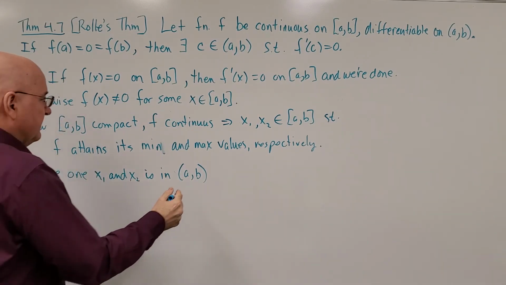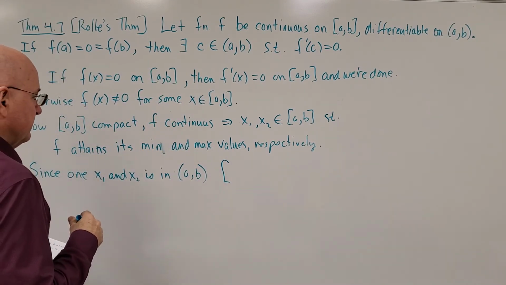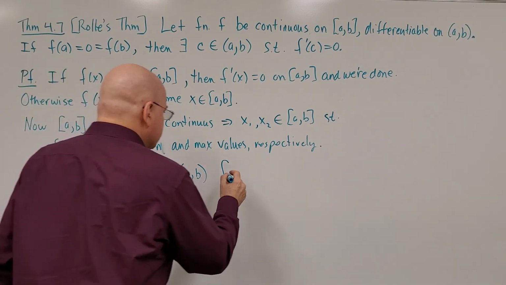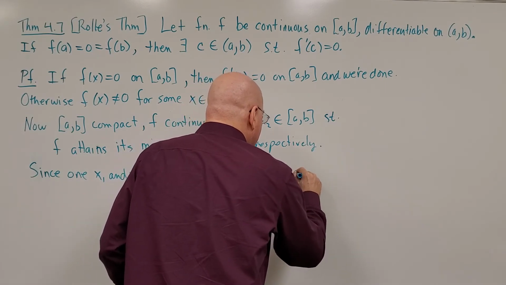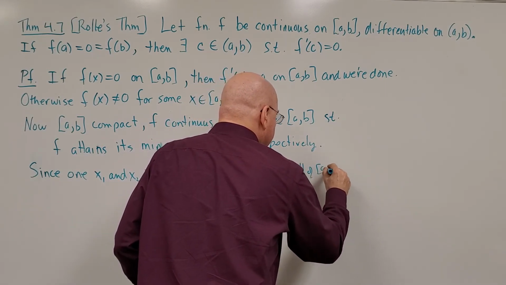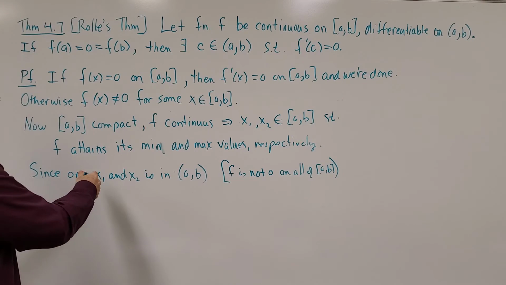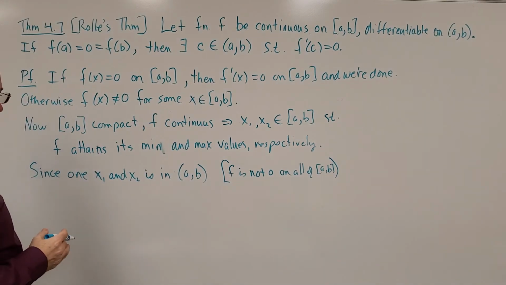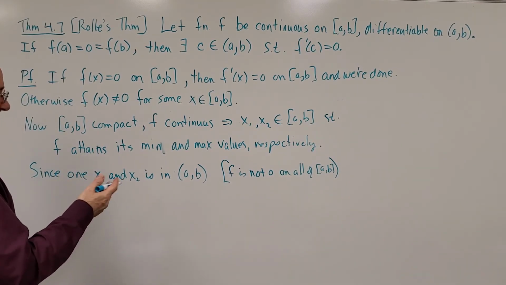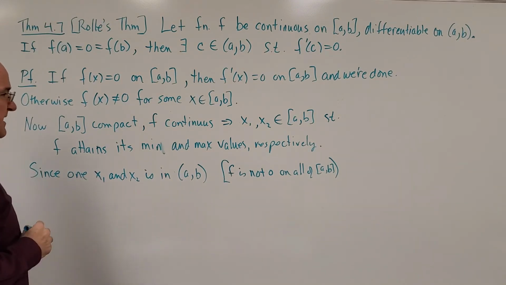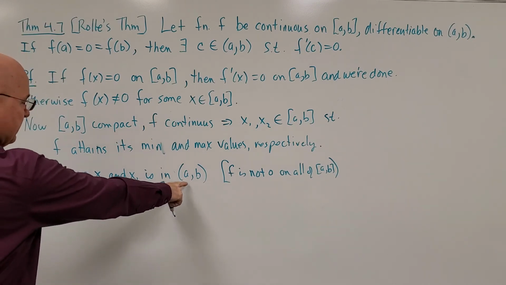Well, f is not constantly 0 on the closed and bounded interval [a, b]. So it's possible that it reaches either the min or the max at an endpoint, but the other one is not going to be at an endpoint. So one of these is internal to this open interval from a to b.